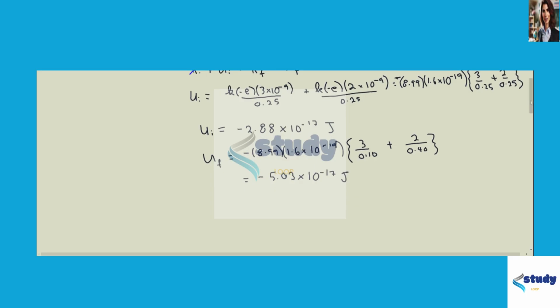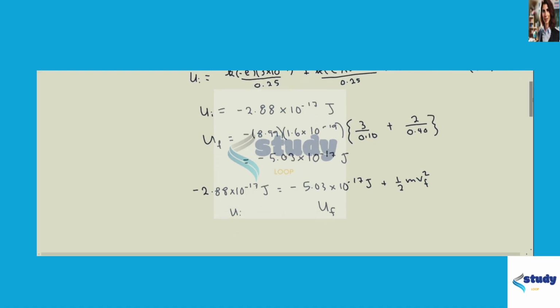So let's put this together and then we can solve for the unknown velocity of the electron. Here is our beginning potential energy. Final potential energy is on the opposite side with the final quantities, and we have 1/2 m v final squared, speed squared final for the electron.